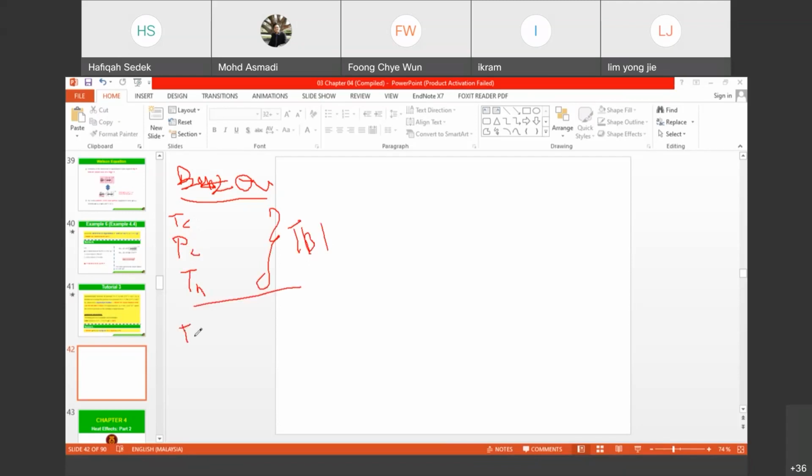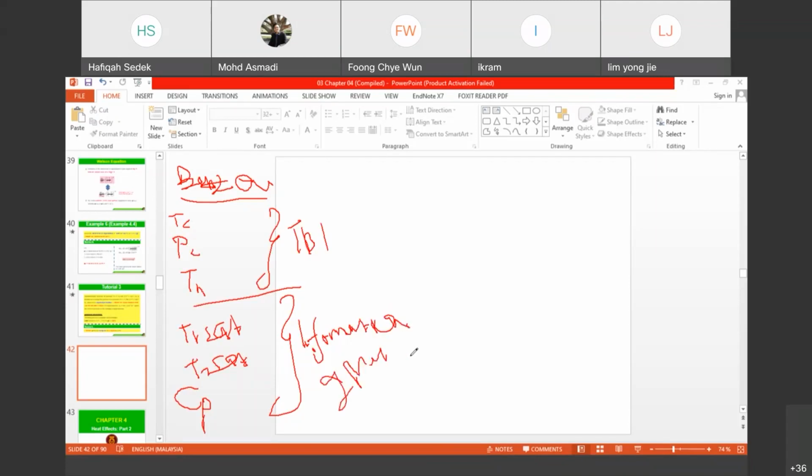T1 saturated is given, T2 saturated is given, as well as Cp. This information is given. Tc and Pc you have to find.